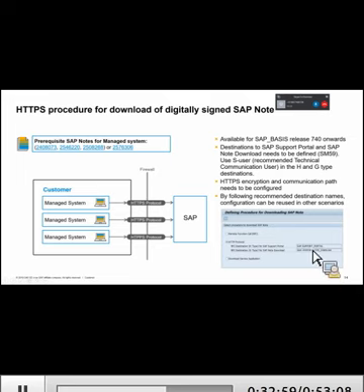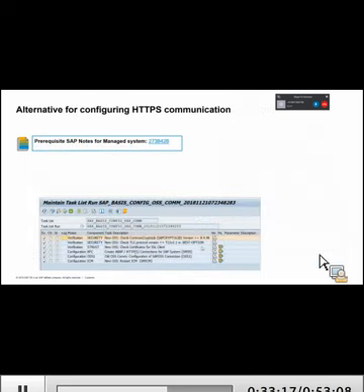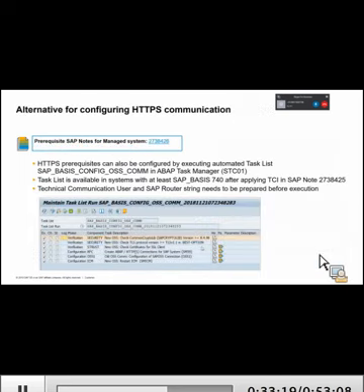One destination basically points to the support portal, and the other one to the site from which the note is downloaded. For this, new RFC destinations need to be created. For this, we deliver an automated way, which is called the task list, to be used in the ABAP Task Manager. So let's take a look at what that means.